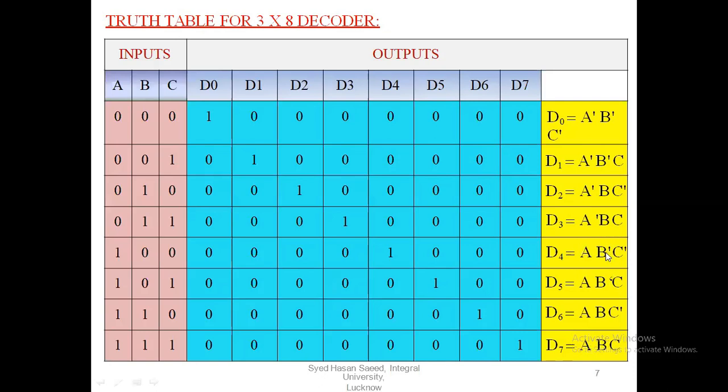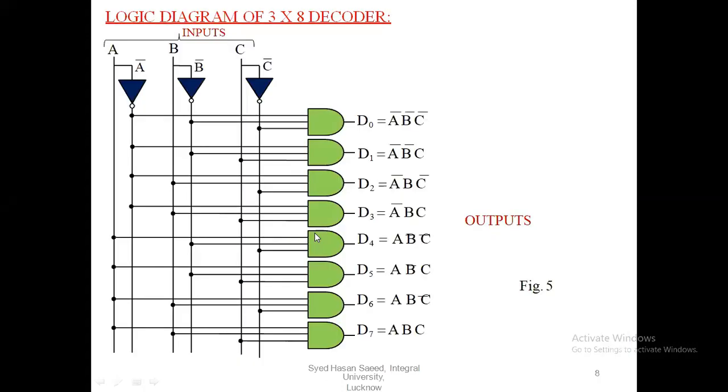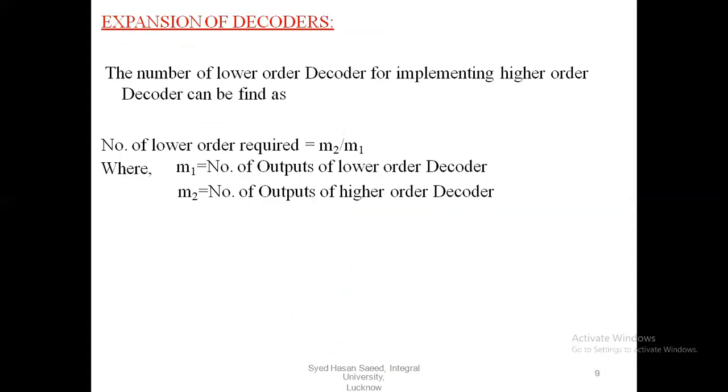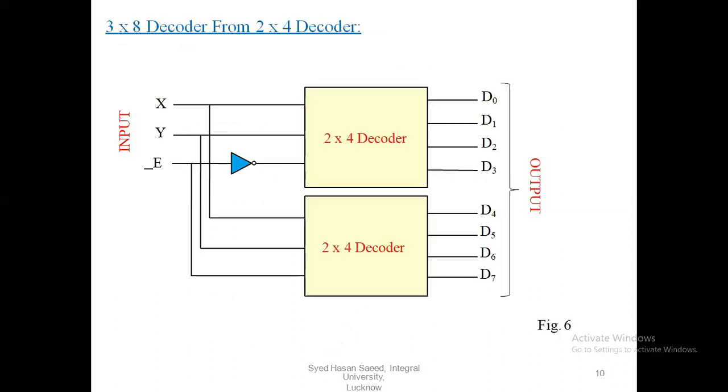Based on these outputs, we will construct the logic circuit diagram, that is the 3 to 8 decoder. So see this: a 3 to 8 decoder from 2 by 4 decoders. Very important concept: you will construct the 3 to 8 decoder by using two 2 by 4 decoders.